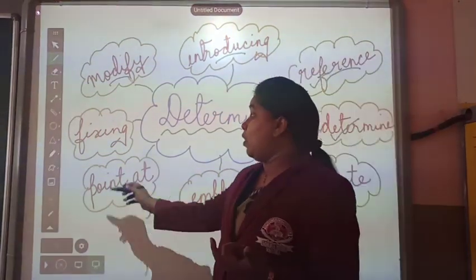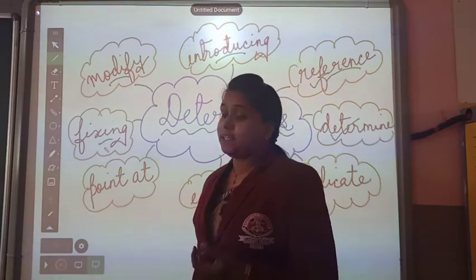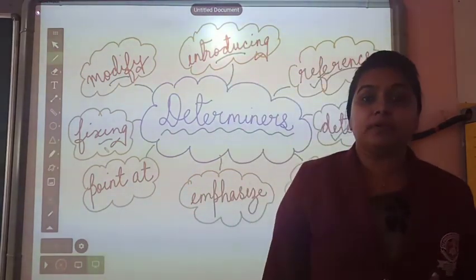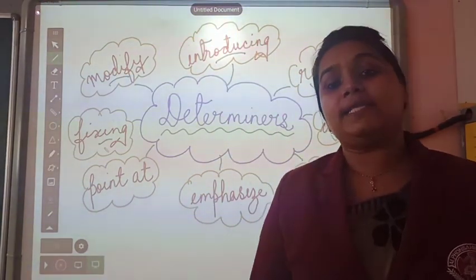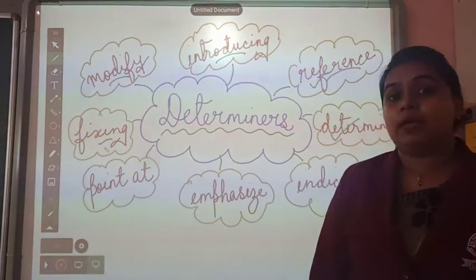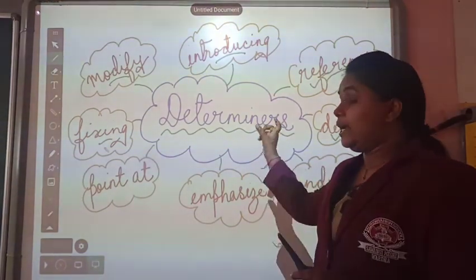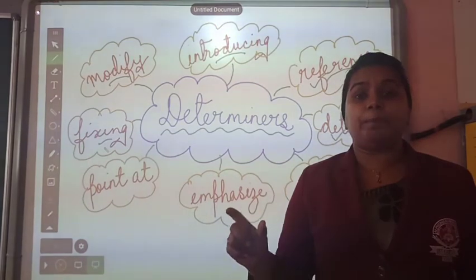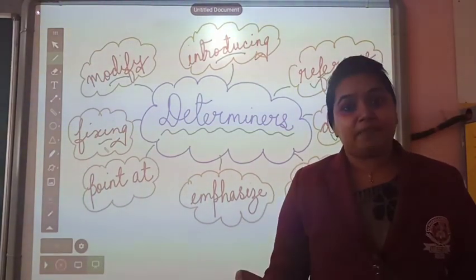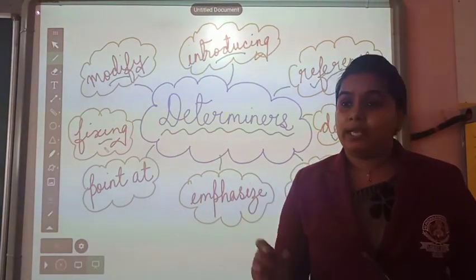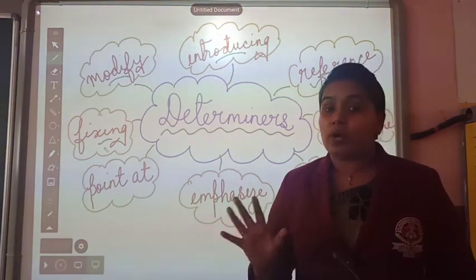Determiners are also called fixing words. Why? Because, as I told you, they refer to the particular specific noun, or in general. What is their function?